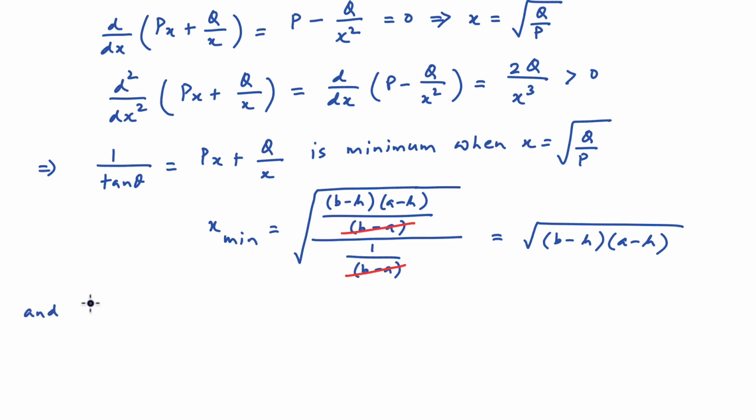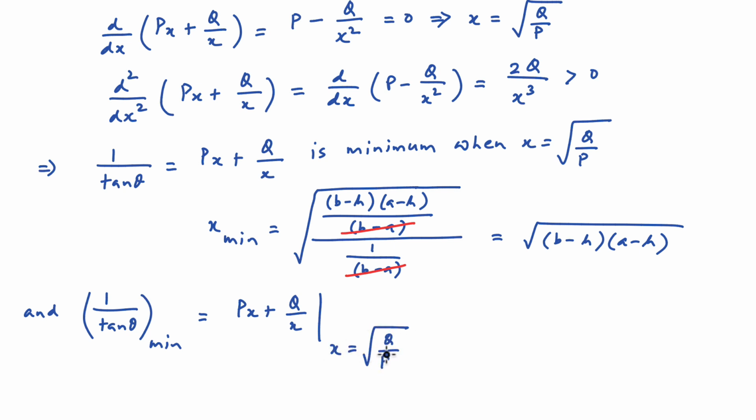And at this value of x, 1 upon tan theta achieves its minimum, which is equal to the value of px plus q upon x when x is equal to the square root of q upon p.